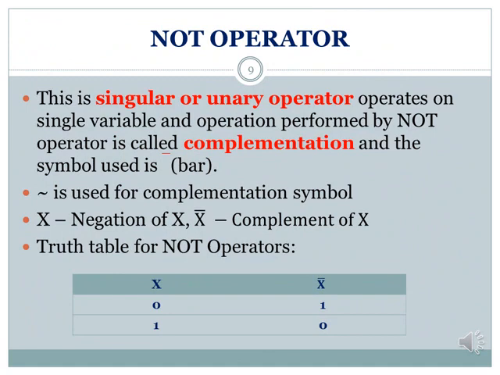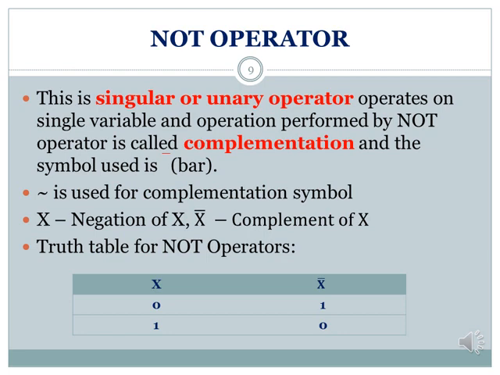NOT operator. This is a singular or unary operator. Basically, it operates on a single variable. It can be represented as a bar, and a tilde is also used to represent complementation. Here x is negated, and x bar represents the complement of x.